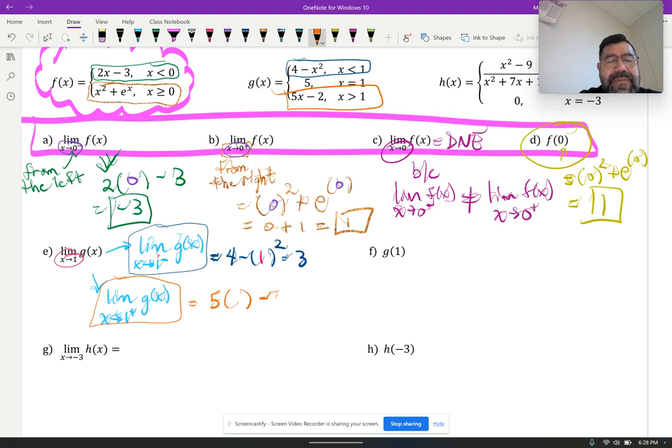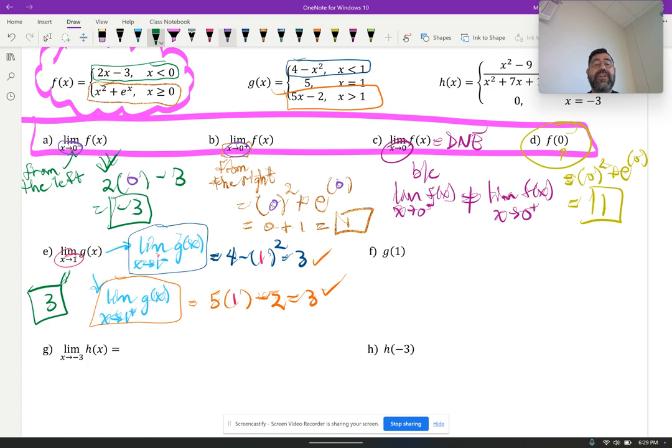Notice that wherever there's a variable, I'm leaving an open parentheses space there, because then I'm going to plug in the x value that we're approaching. 5 times 1 minus 3, well, 5 times 1 minus 2, and 5 times 1 minus 2 is 3. Hey, the left side equals the right side. So therefore, the actual answer to this limit is 3.